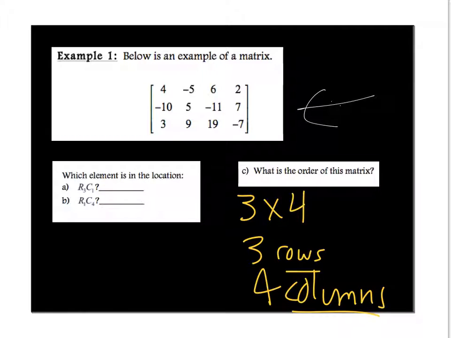So this would be a 3 by 4 matrix. If it says R3C1, what that really means is what's in row 3, column 1. So this would be 1, 2, 3, 4. Row 3, column 1, that would be 3. Row 1, column 4 is going to be right there, so that's going to be 2.